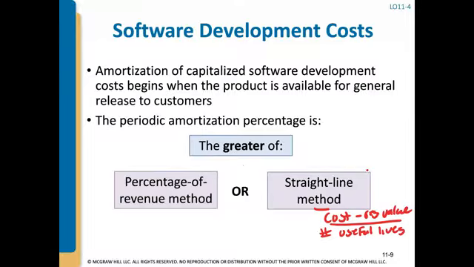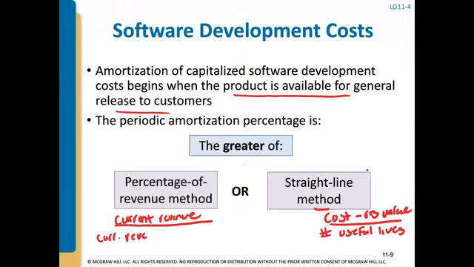The percentage of revenue method applies once we start amortizing, once the product is available for release to customers. So we take the current revenue divided by the current revenue plus the expected lifetime revenue of the software.